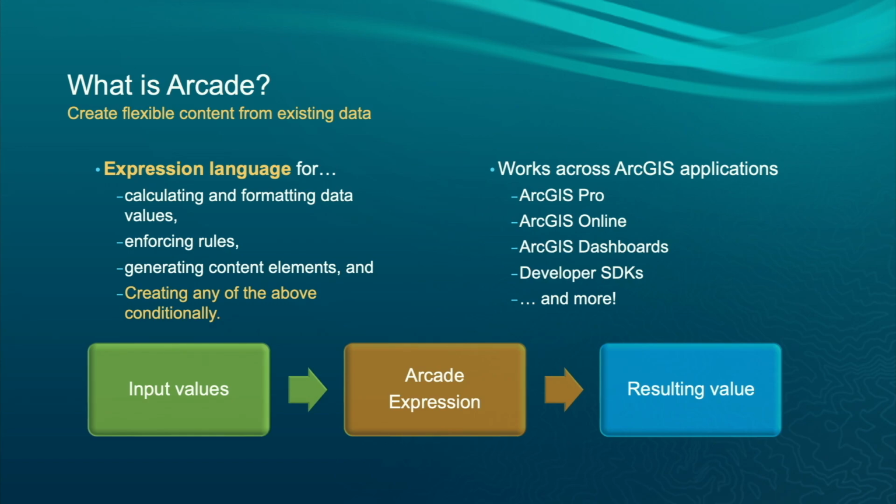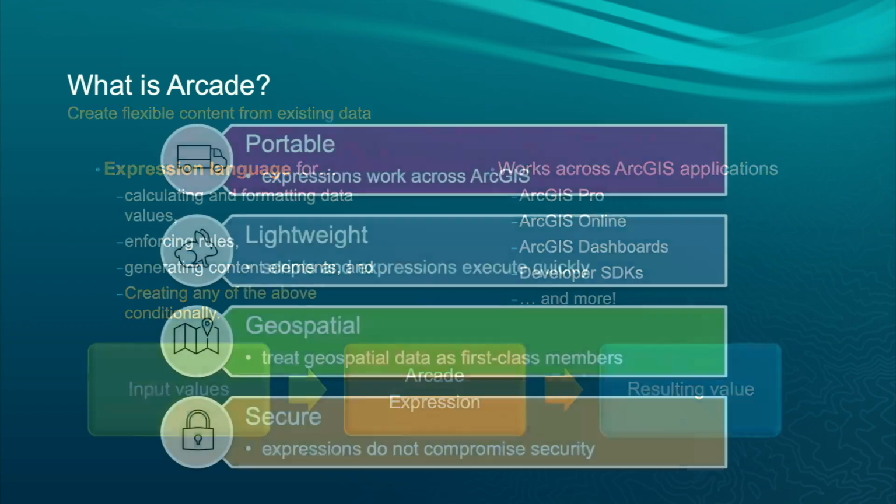It takes in input values, runs the expression or performs some sort of calculation, and then returns you an output. Arcade works the same across all ArcGIS applications. You can write the expression in ArcGIS Online, and you'll get the same result in ArcGIS Pro and dashboards and any of the developer SDKs and more.